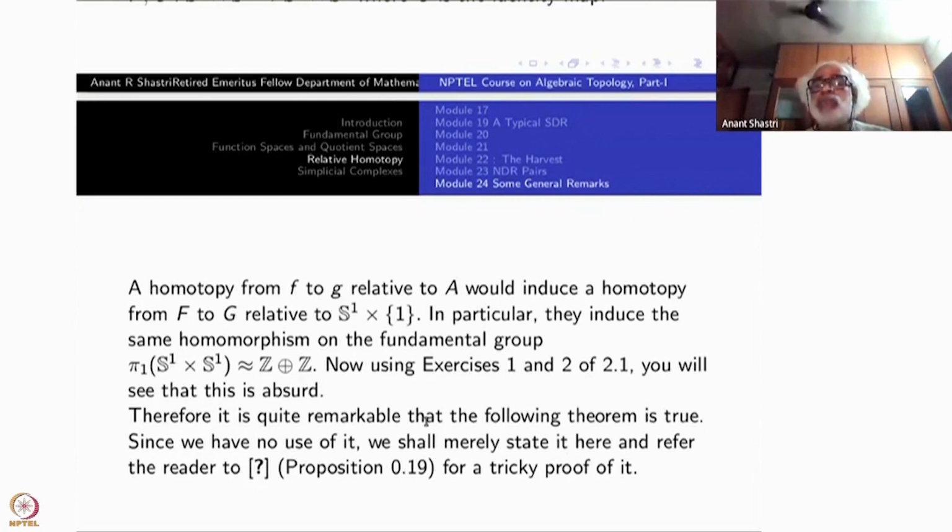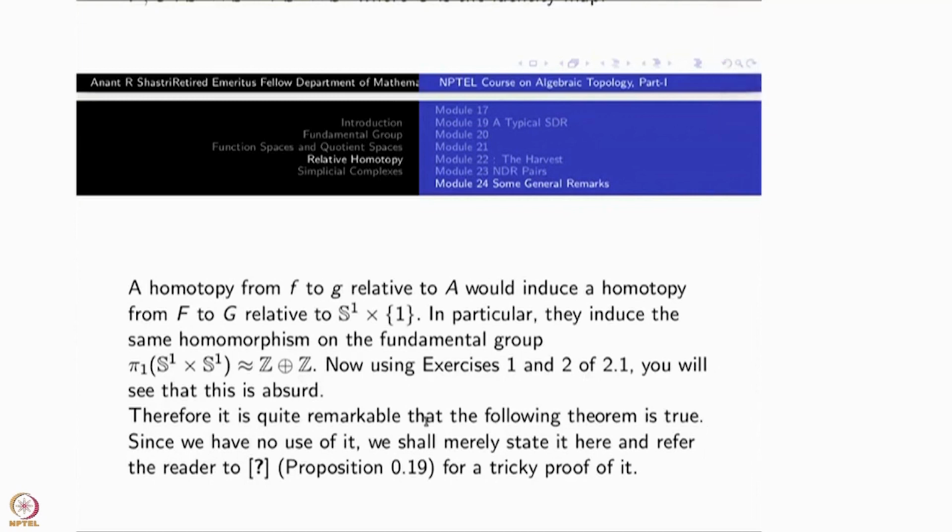And the proof is quite tricky. Therefore, since I have nothing to add, I have given you a reference here. If you want to learn, you can read it from Hatcher's book.